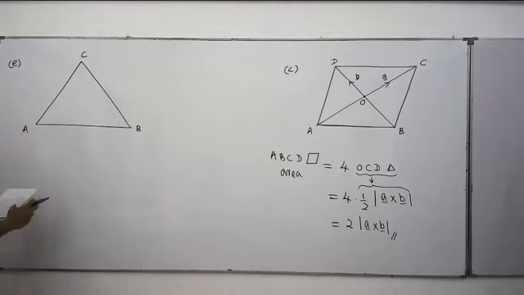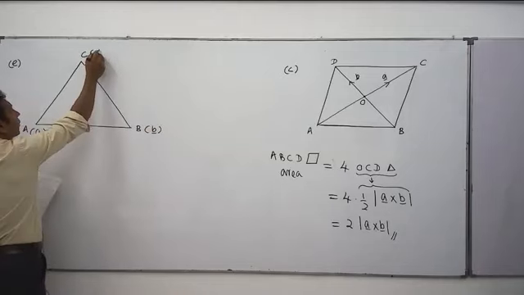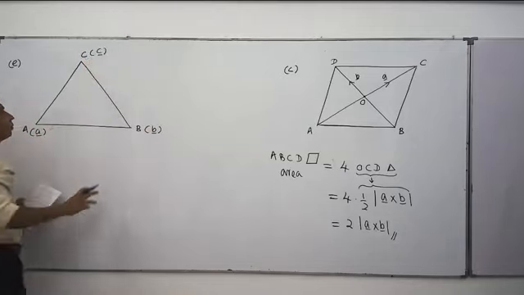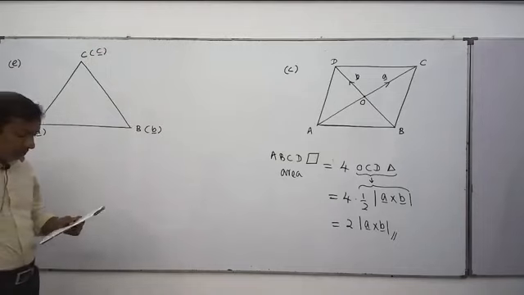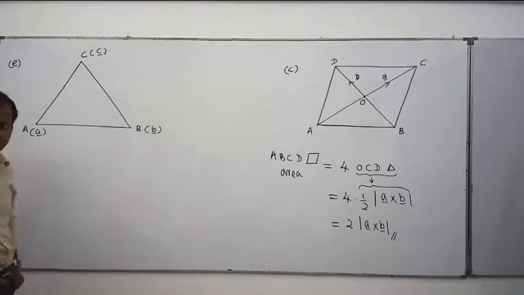The position vectors of the points A, B, C are given as A vector, B vector, C vector. We are asked to show the ABC area.